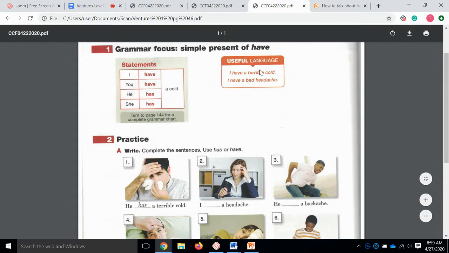Now let's look over here where it says useful language, and you see it adds some words in here, right? I have a terrible cold. I have a bad headache. And these words describe the word cold or the word headache. In this case, a cold and headache are things, so they are nouns, right? What part of speech is a thing?